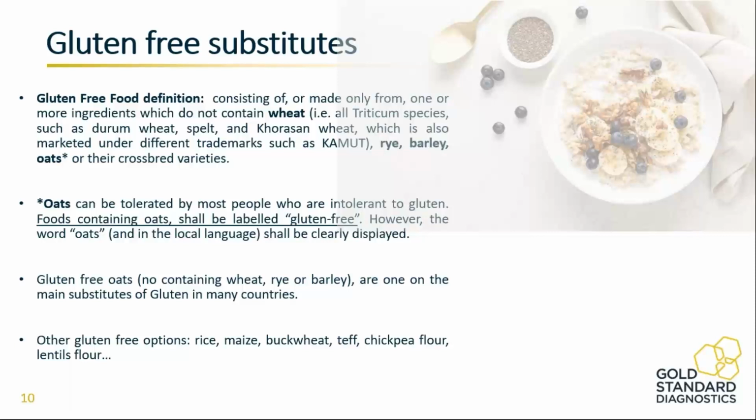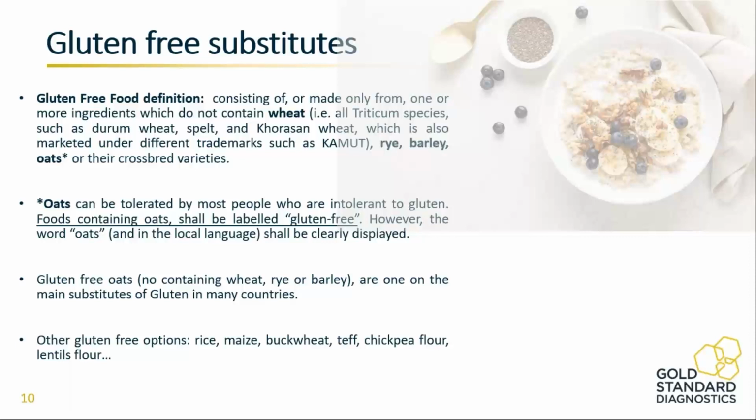So food containing oats can be labeled as gluten-free. However, the word oats in the local language of every country shall be clearly displayed on the label. By gluten-free oats, we mean oats that are not contaminated with or containing wheat, rye, or barley, and they are actually one of the main gluten substitutes in many countries.